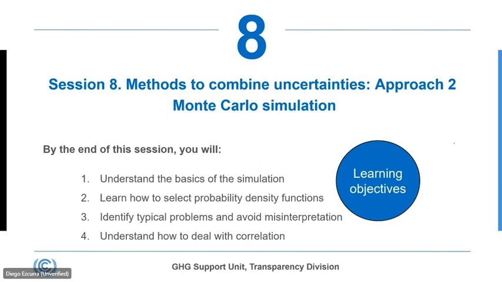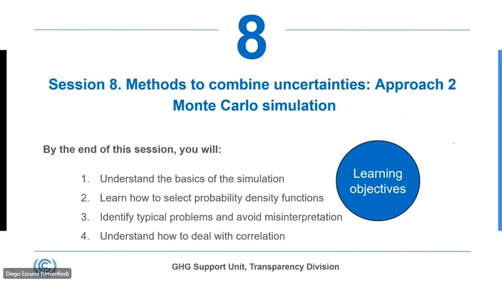We will learn how to select the probability density function, because we need probability density functions as input to the model. For the linear error propagation, we didn't really need a probability density function. We just needed a confidence interval that, of course, it implicitly has a probability density function, but we don't need to define it in particular.